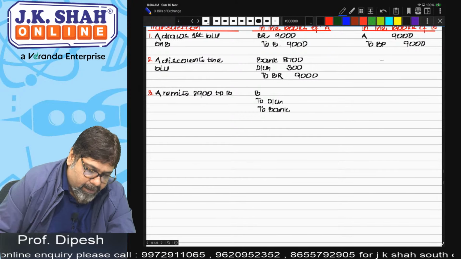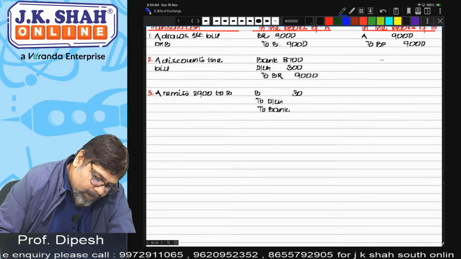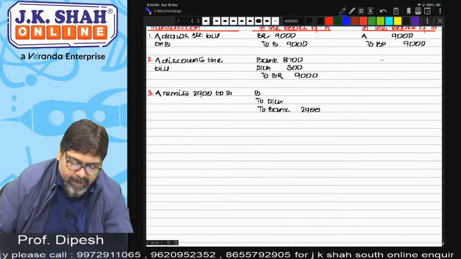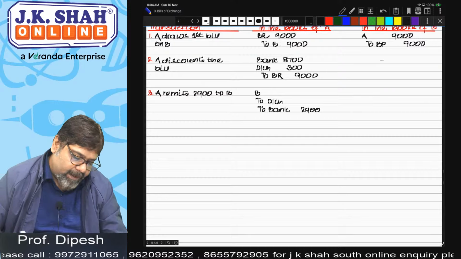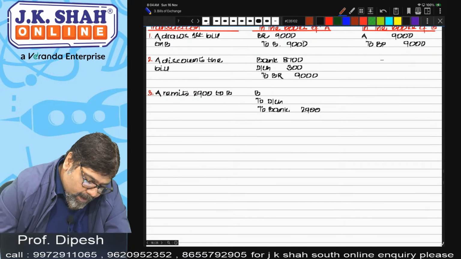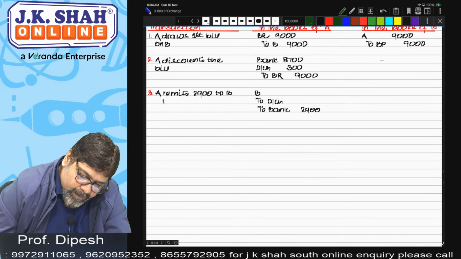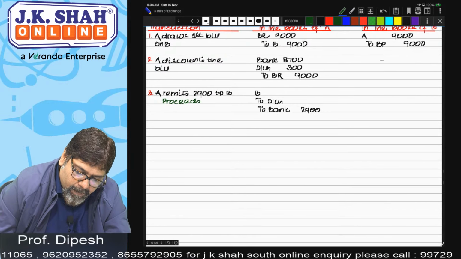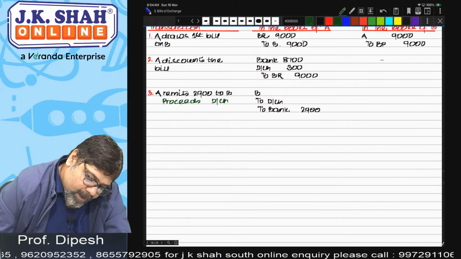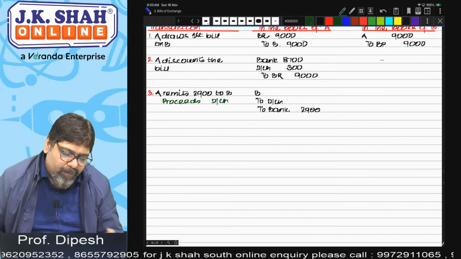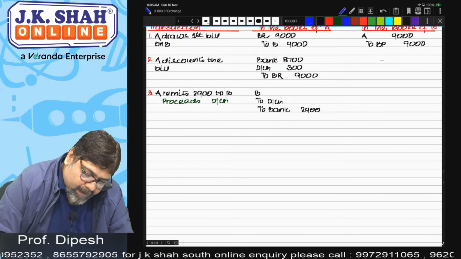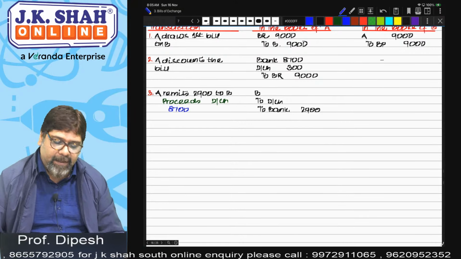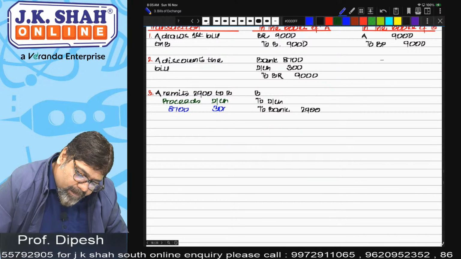B account debit how much? 2,900. So how much is discounting charges? Proceeds, discounting charges. If A would have given the entire 8,700, then the entire discounting charges would have been transferred.